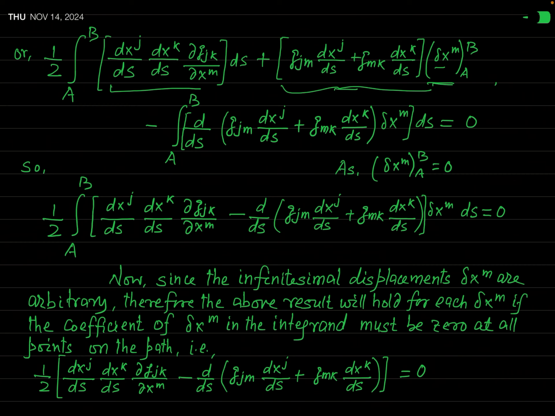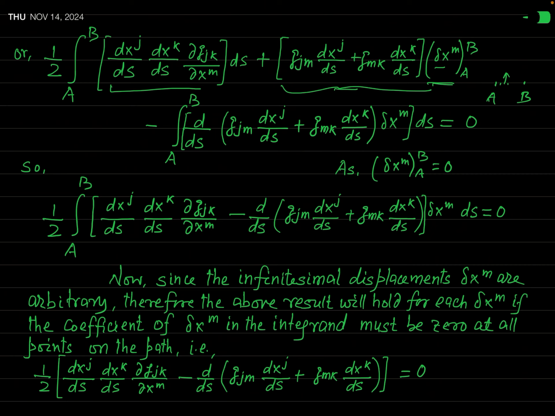But you know, points a and b are fixed, and delta x_m is the arbitrary infinitesimal displacement provided to the points between a and b. Since a and b are fixed, they will not get displaced.